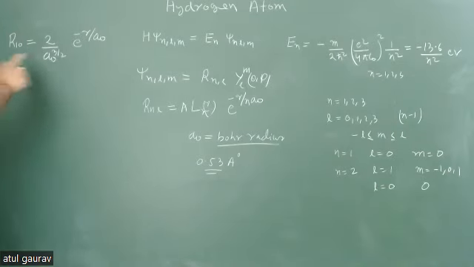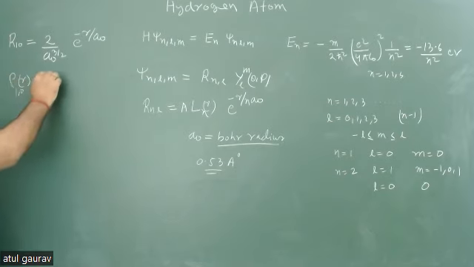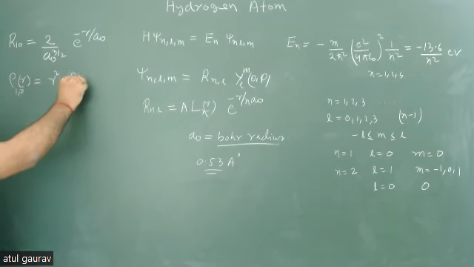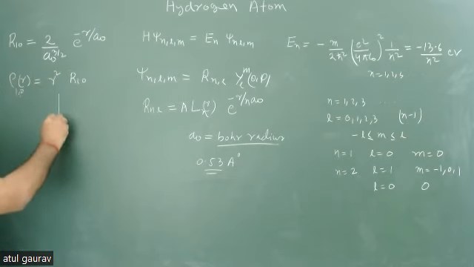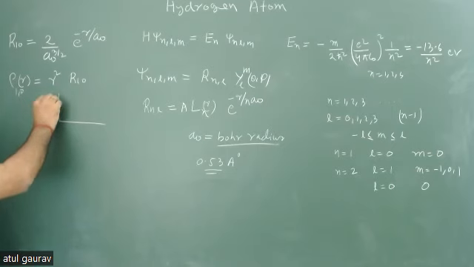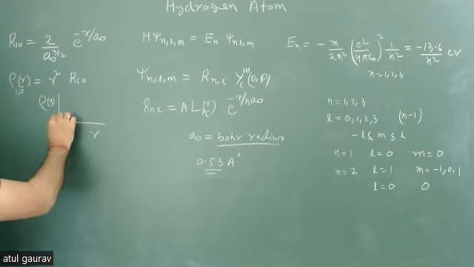So this is your R10. And what is your radial probability density for R10? The radial probability density is r square R10 square. If you plot this, it will look something like this.